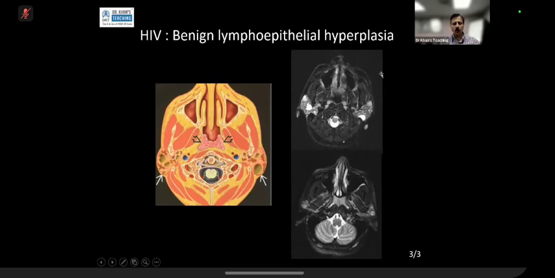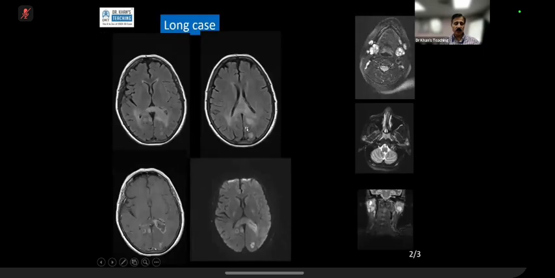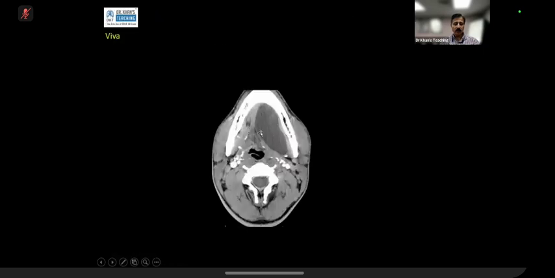Sometimes there can be solid nodules also in the parotid. Look at the word benign. So please remember, even in HIV positive or AIDS positive cases, this is a benign entity. And of course, in this case, there was a lymphoma with that.